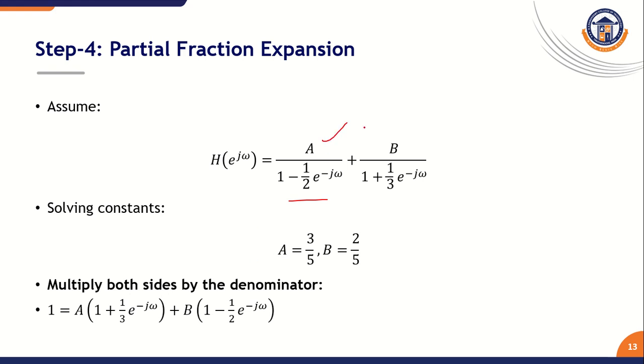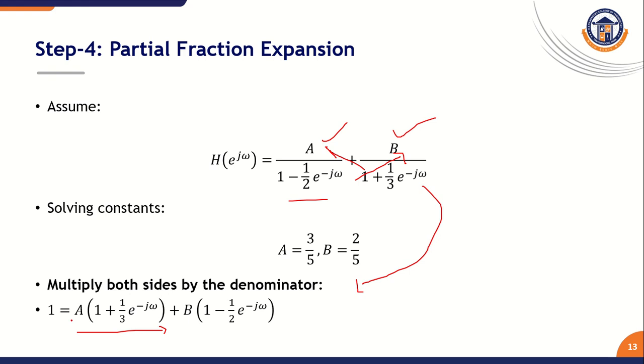Solving for the constants A and B using partial fractions, we take the LCM term, 1 minus 1 by 2 e power minus j omega into 1 plus 1 by 3 e power minus j omega, equal to A into this term, B into this term. So it is written like this: 1 equal to A into 1 plus 1 by 3 e power minus j omega plus B into 1 minus 1 by 2 e power minus j omega.